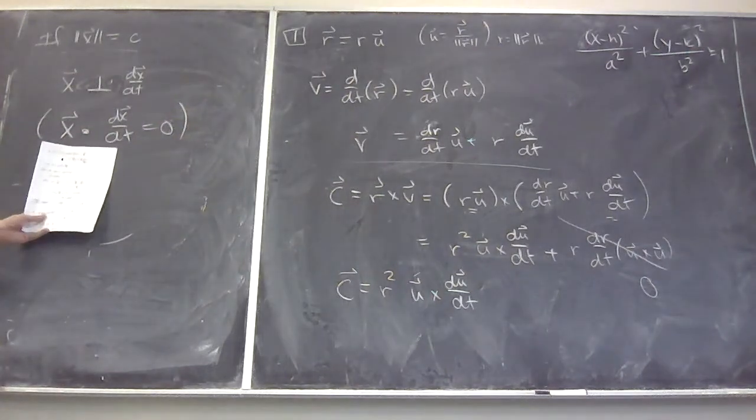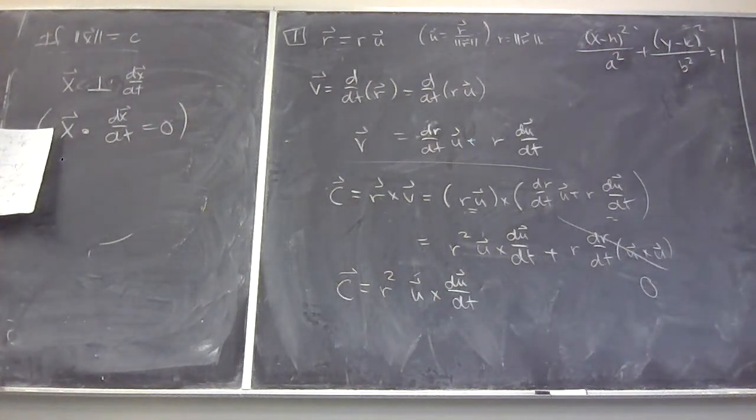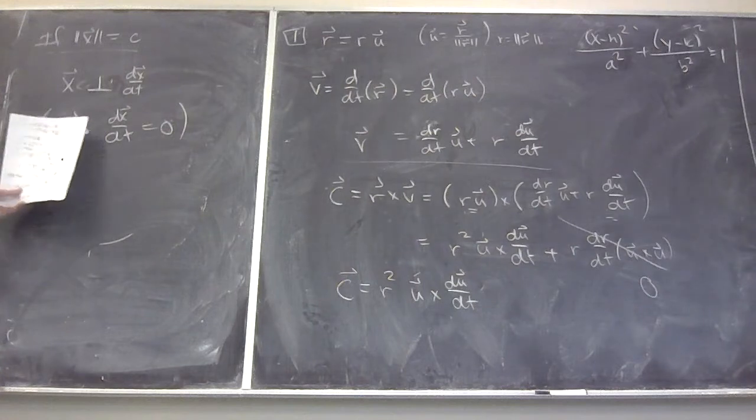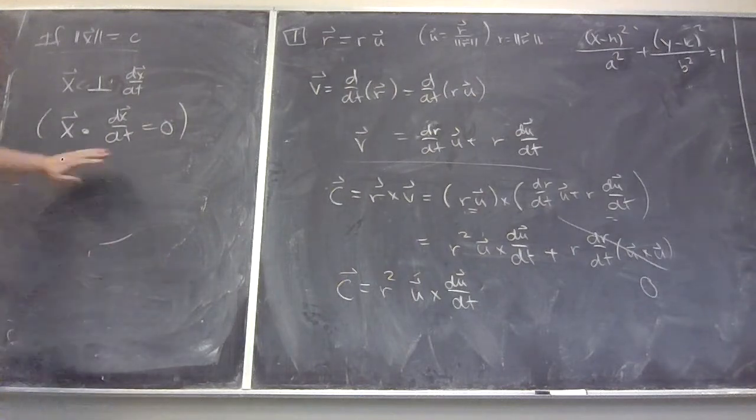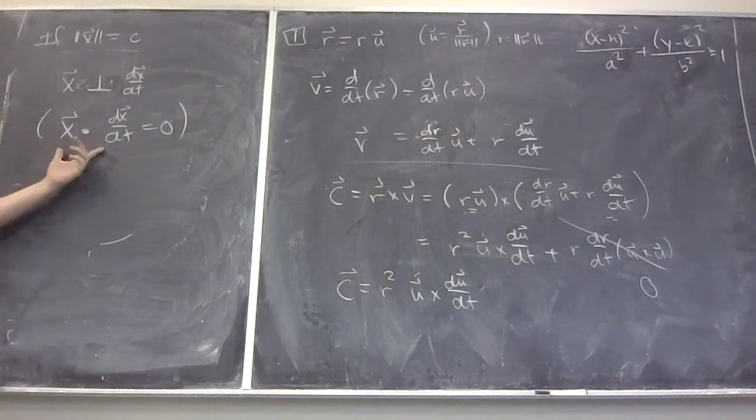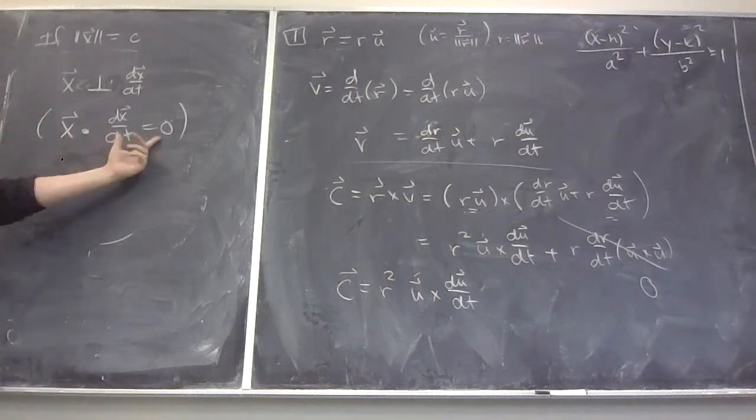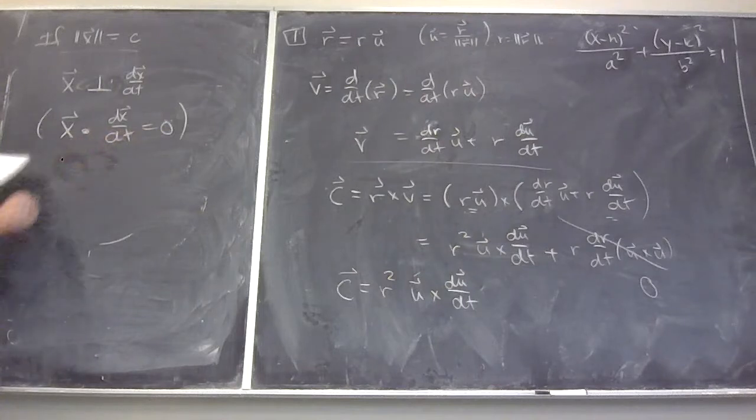We're going to have occasion to use this dot product. If I take something with constant length and dot it with its derivative, we're going to claim that it's equal to 0. That's how we're going to use this fact.